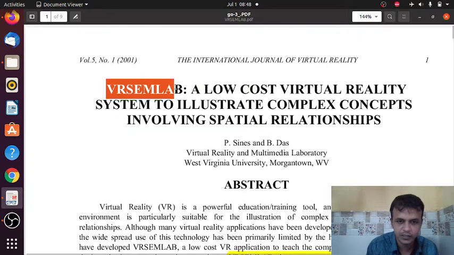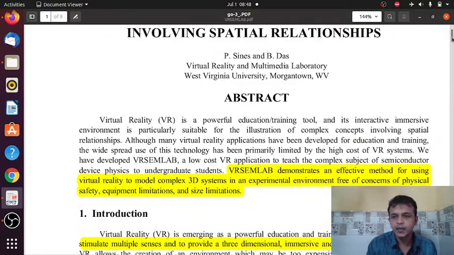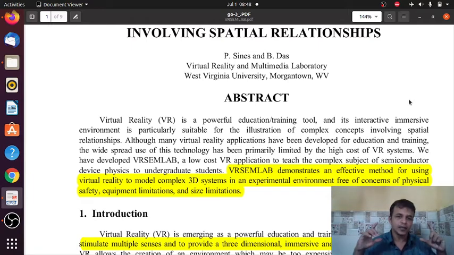The short form is VRSEMLAB, in which the things which are abstract in nature, which cannot be seen through the naked eye, are presented in virtual reality, and the learners or users are made to experience the entire thing very naturally in the virtual environment.